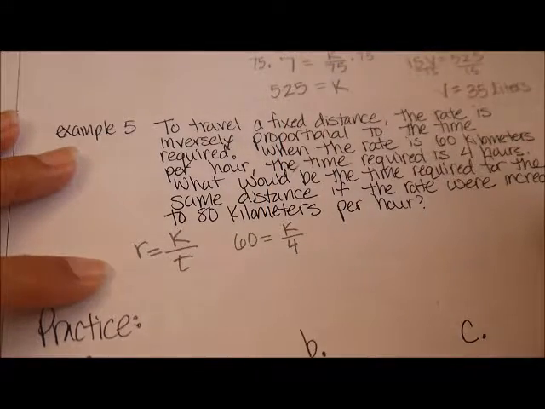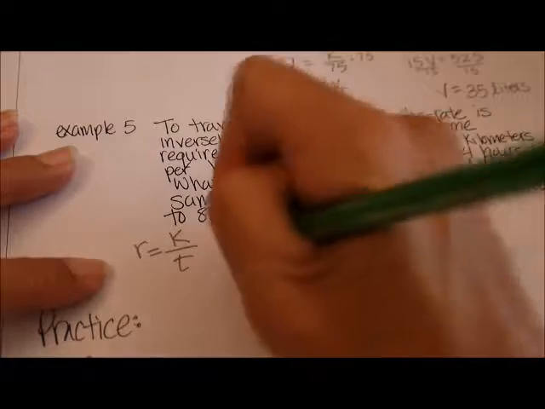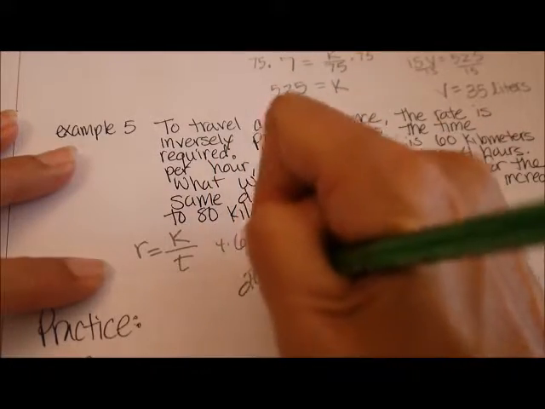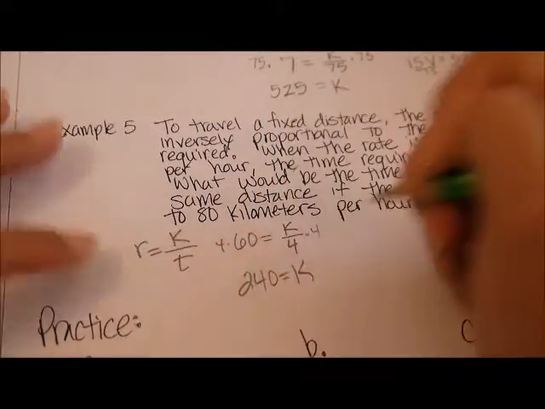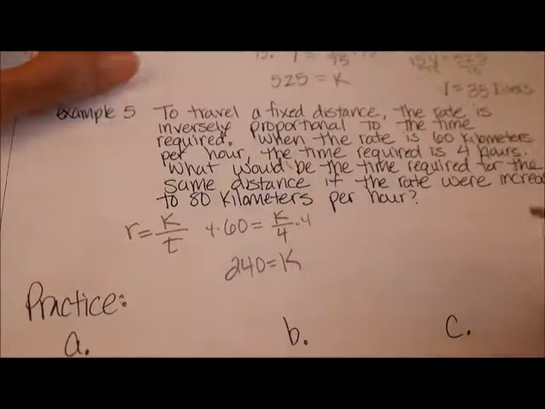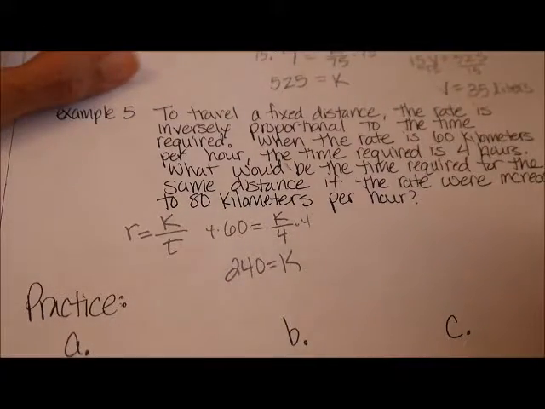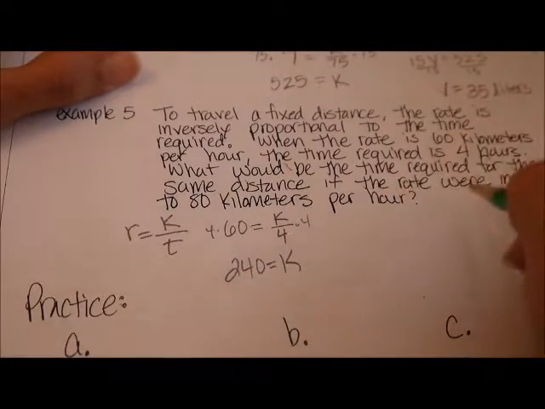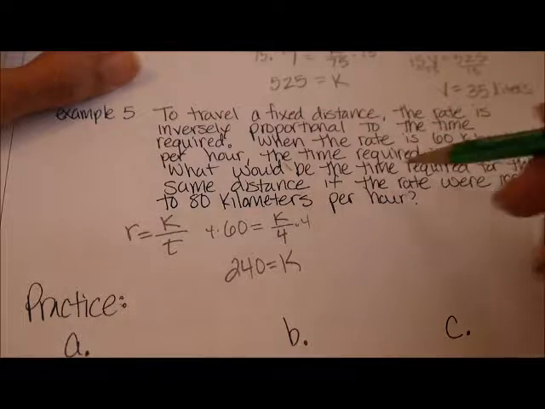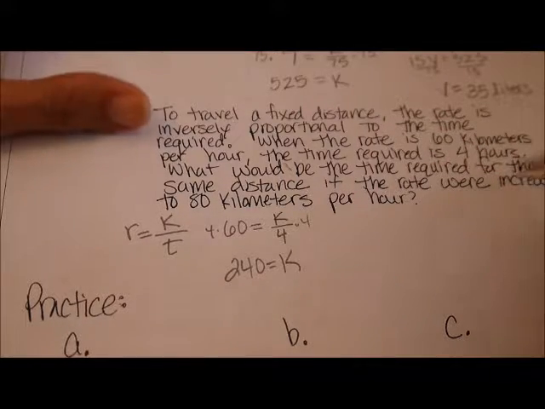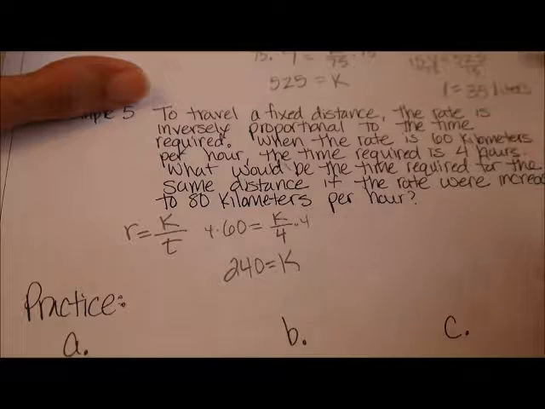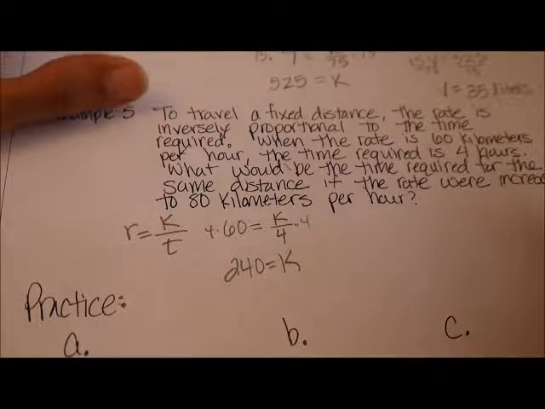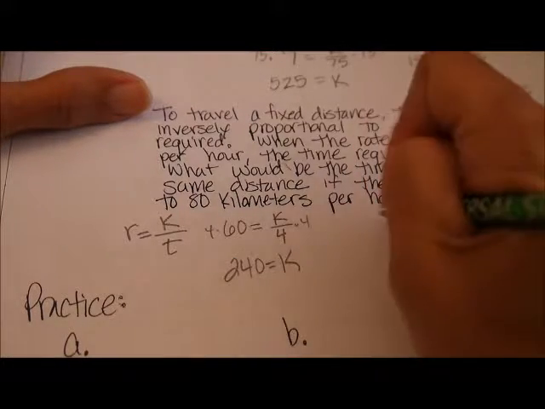Okay, how do we find K? Multiply both sides by 4. 240 equals our constant. Now we substitute. What would the time be required? So we're looking for T for the same distance if the rate were increased to 80 kilometers per hour.